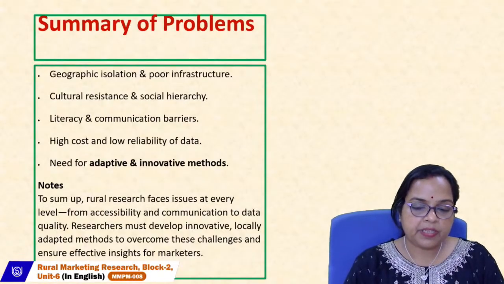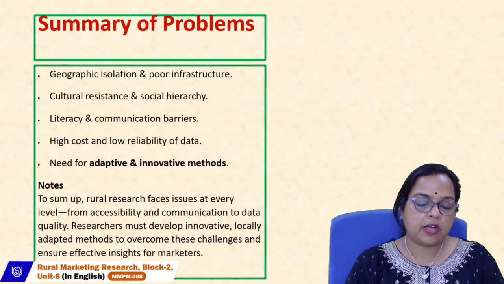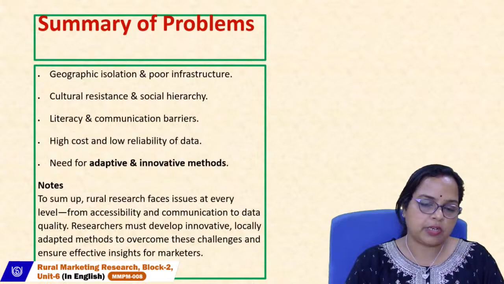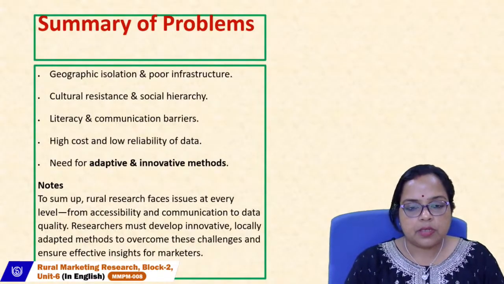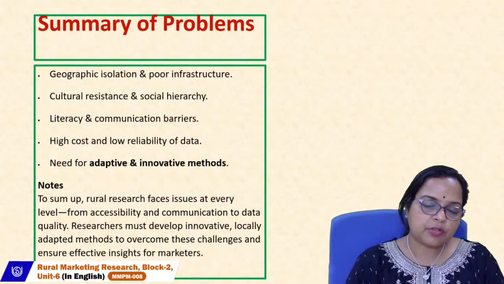The result may not be perfect if you are not innovating new methods to reach rural consumers. To sum up, rural research faces issues at every level because the respondent itself is not aware.